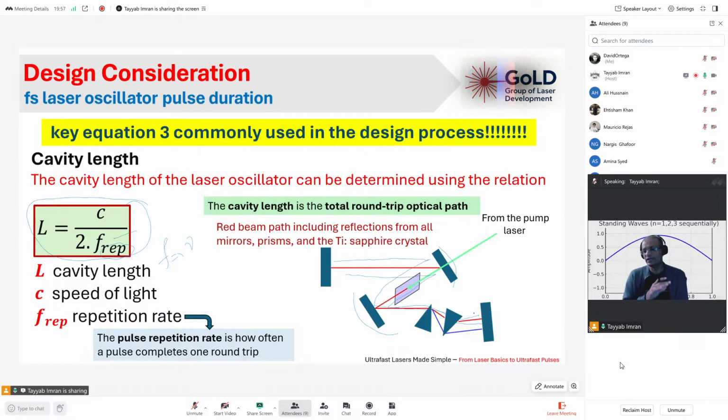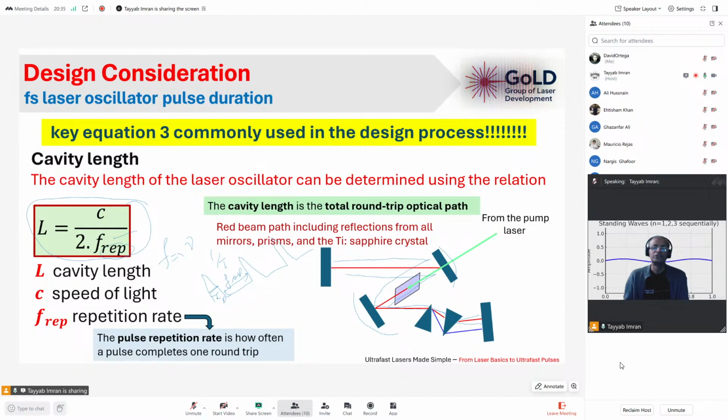It passes through the crystal, the prism, etc. Apply this formula, the speed of light and the repetition rate you want, after how long the pulse appears. So if this is a pulse here, this width will be the pulse duration, and this difference will be the repetition rate. I'm telling it in the form of frequency here, so 1 over T.